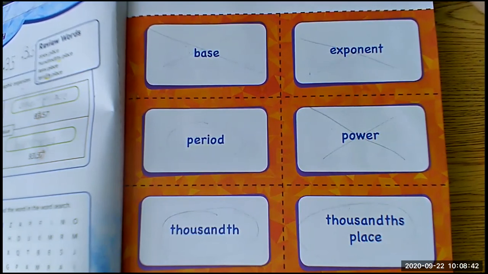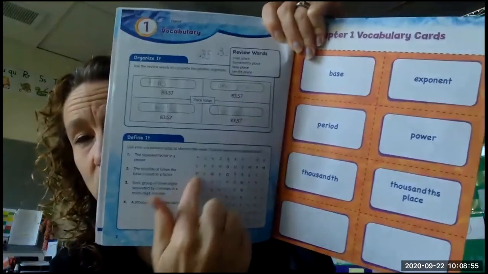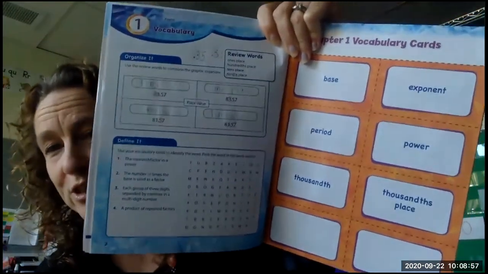Okay, so now that we went over some of the vocabulary, you are welcome to find those words in the word find right at the bottom of this first page, if you really like word searches. Just use the definitions on the back of your vocabulary cards to match with the definitions that are next to 1, 2, 3, and 4, and then you can hunt for those words in there if you'd like to.